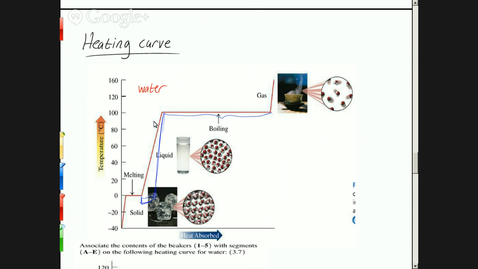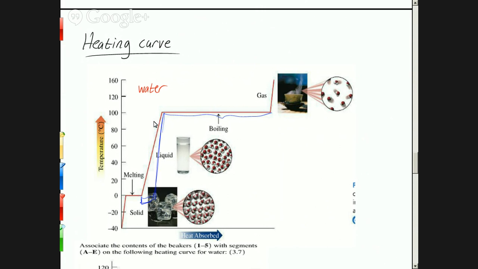Because you can see this line is not quite as steep as this one, right? That means that it takes more energy to heat up water the same amount of degrees as to heat up ice. And in fact, the specific heat of ice is about 0.5, so it's only half of what liquid water is. So it's much easier to heat up ice. It takes less energy to heat up ice per degree than per water.